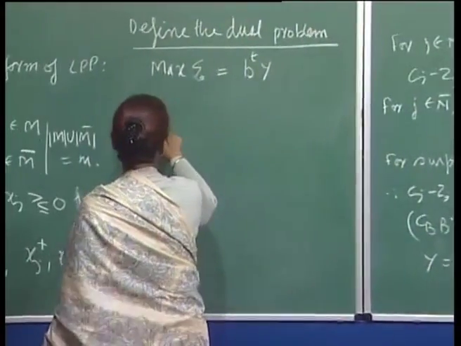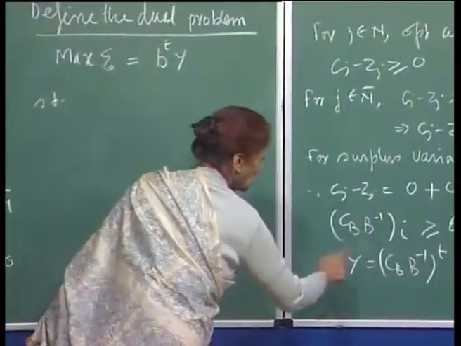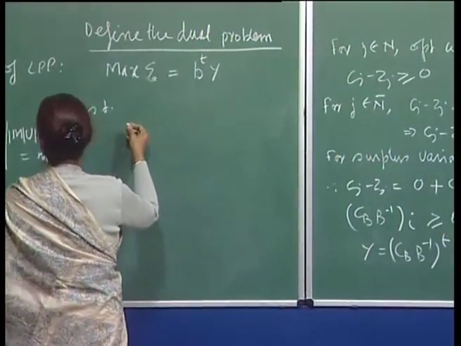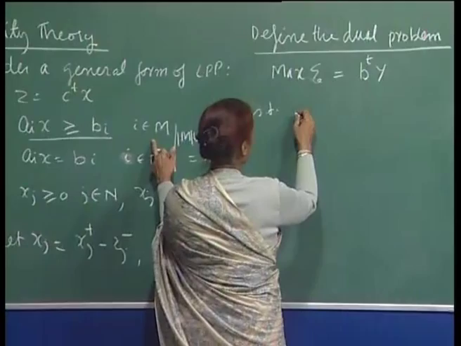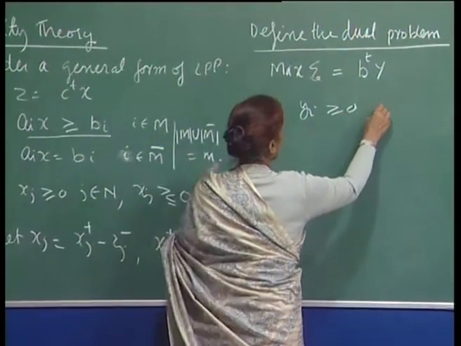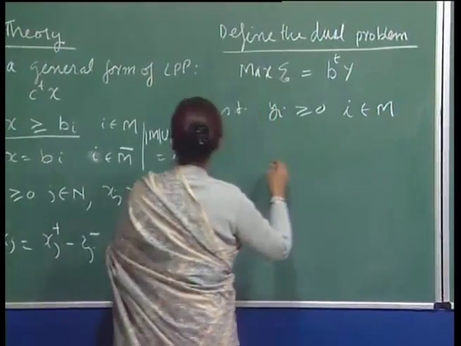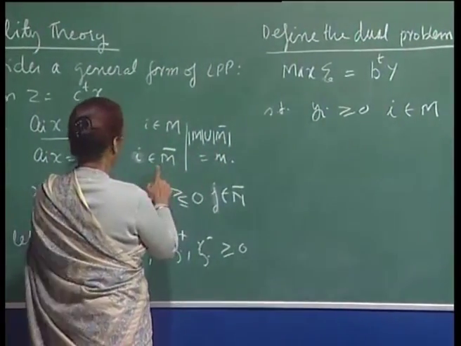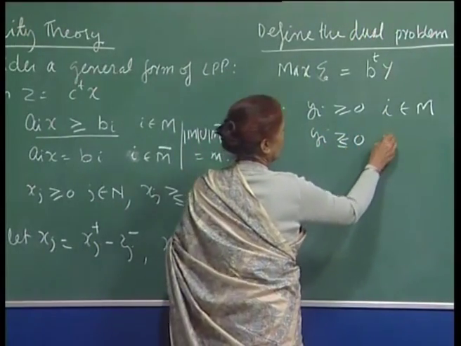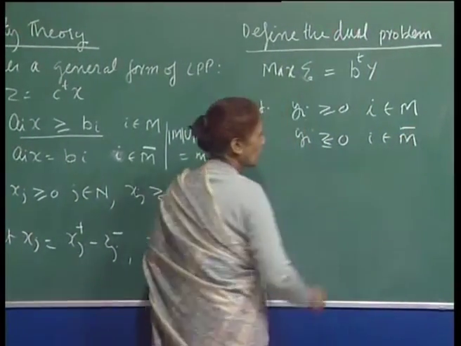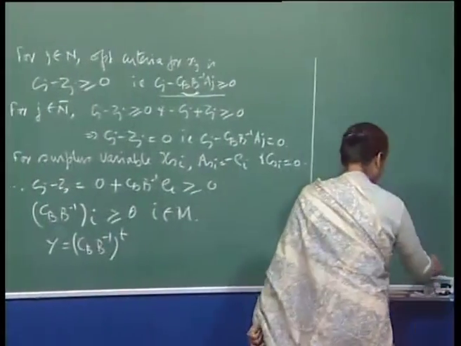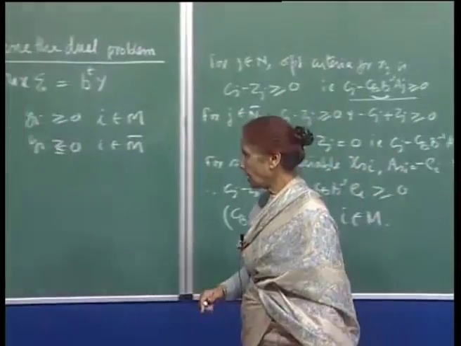So maximize this subject to yi greater than or equal to 0 for i belonging to M, and yi for i belonging to M bar is unrestricted, because we are not able to say anything about the sign of the corresponding dual variable when i is in M bar.